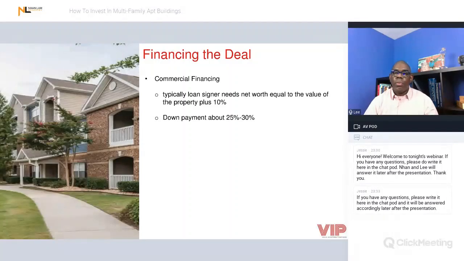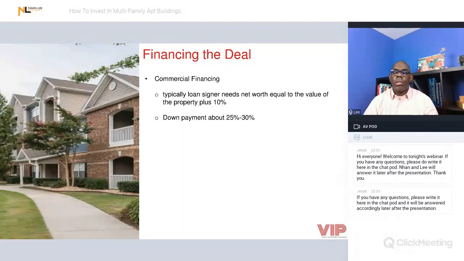And your key principal is going to be the person who signs off on the loan. It could be one individual. It could be up to 3 individuals I have seen. And the loan signer, right, has to have a net worth equal to the mortgage of the property plus 10%, right? So that individual is going to be pretty wealthy.